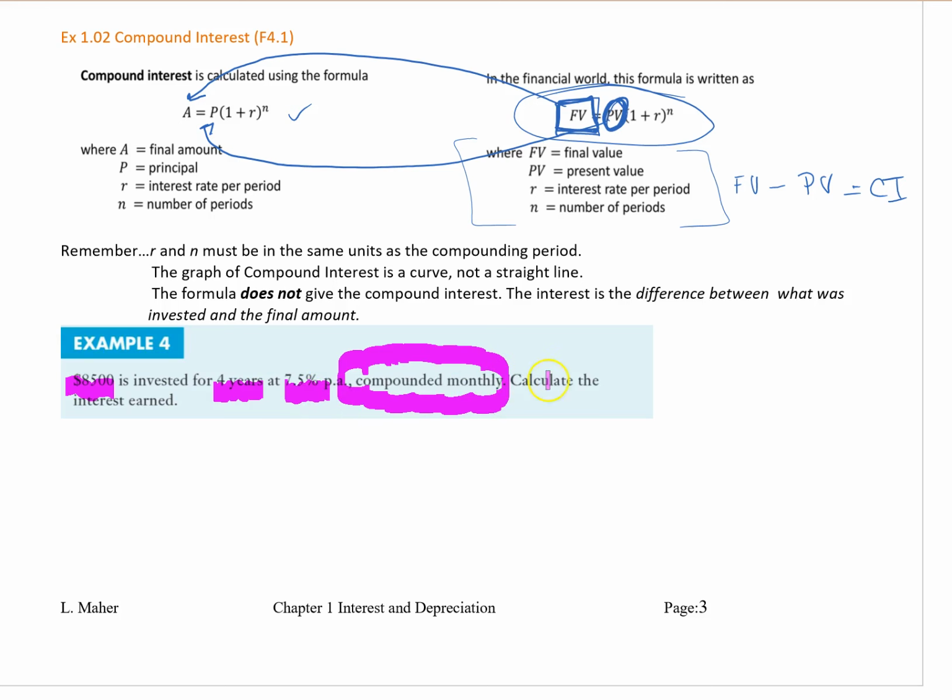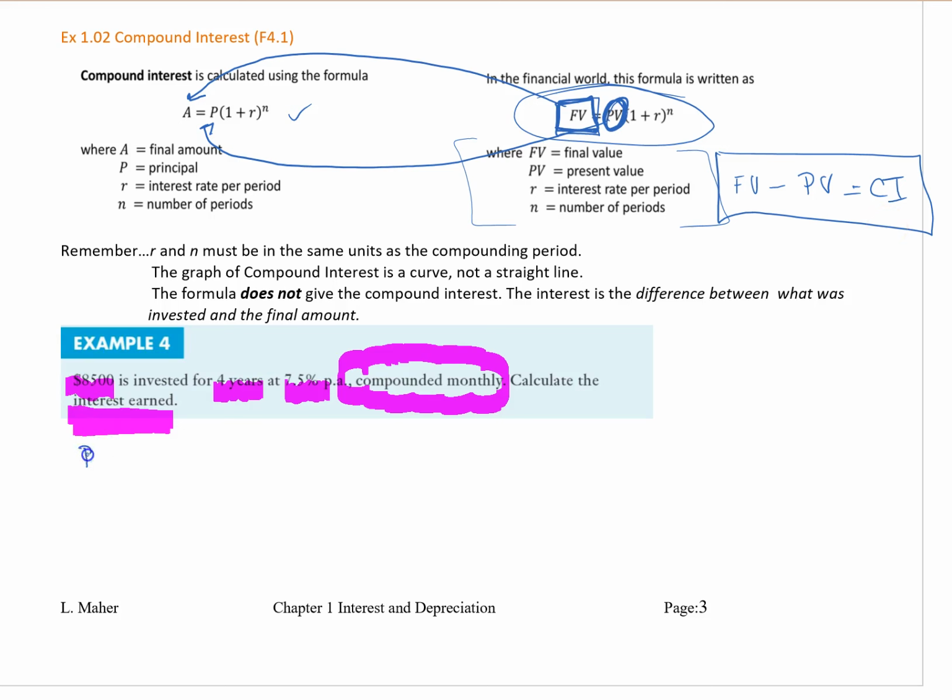And in addition to that, the question says calculate the interest earned. So it's very tempting to jump straight to the formula, which is fine, but the formula, we have to know, doesn't give us the interest. We want the interest, we're having this additional step in our working.